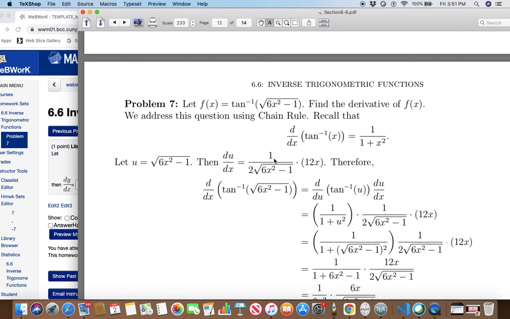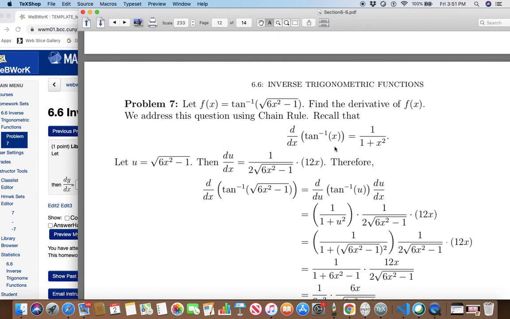So, du/dx is, this itself calls for chain rule if you recall, but this you know how to do. So, 1 by 2 square root of 6x squared minus 1 times derivative of the object inside, 12x. So that's du/dx. So derivative of my function f(x) is d by du of tan inverse u times du/dx.